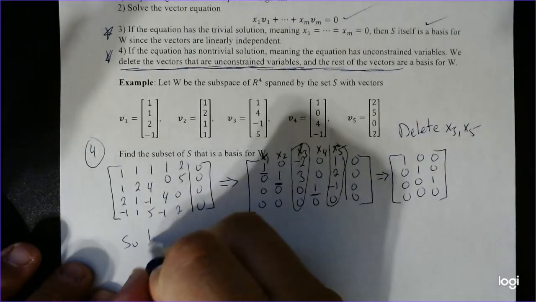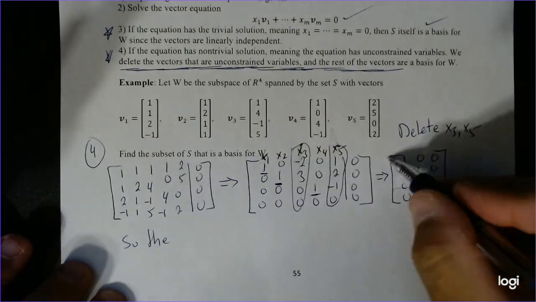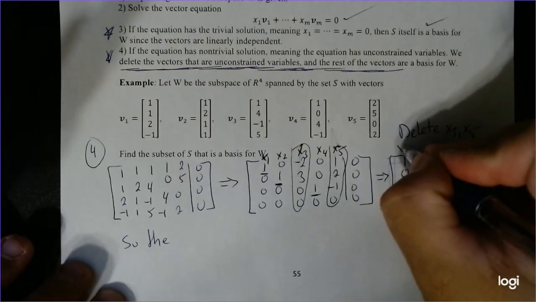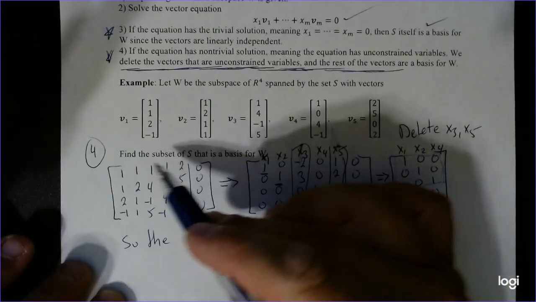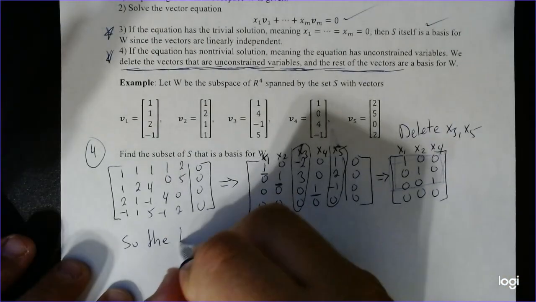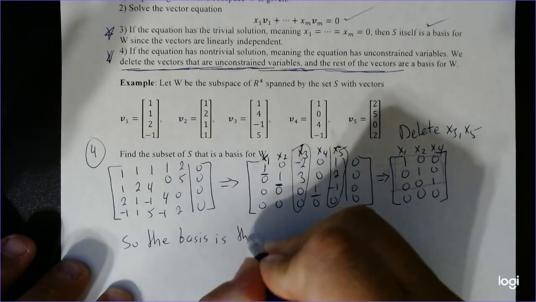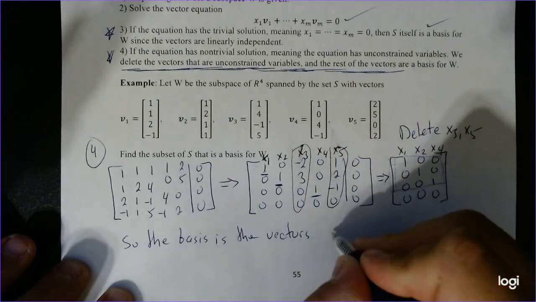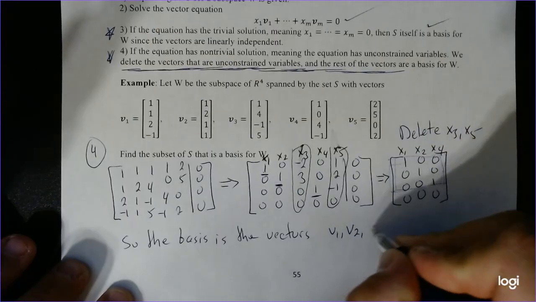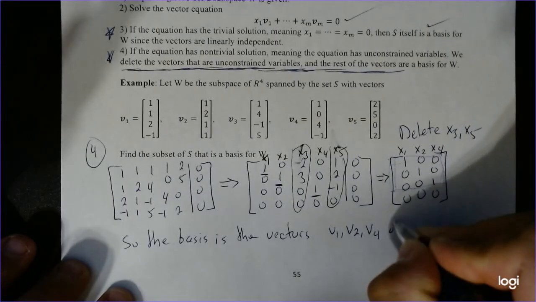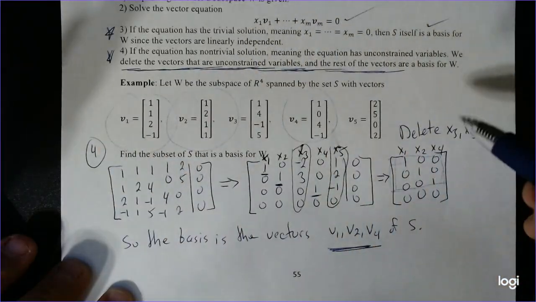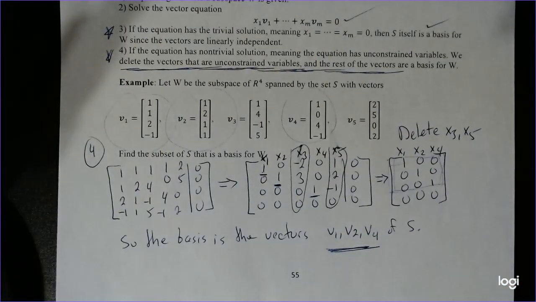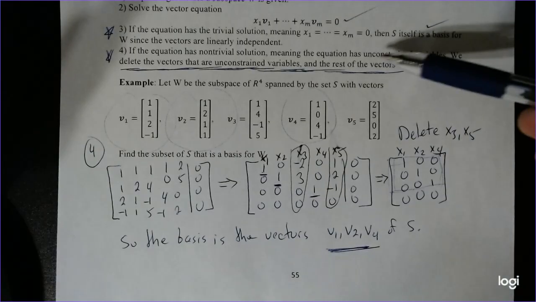Because we have our identity matrix, so it's good. Therefore, x1, x2, and x4 form the basis of this entire W. So the basis is the vectors v1, v2, and v4 of S. These 3 vectors form the basis of the entire set W. So this is what I mean by delete the unconstrained variables.